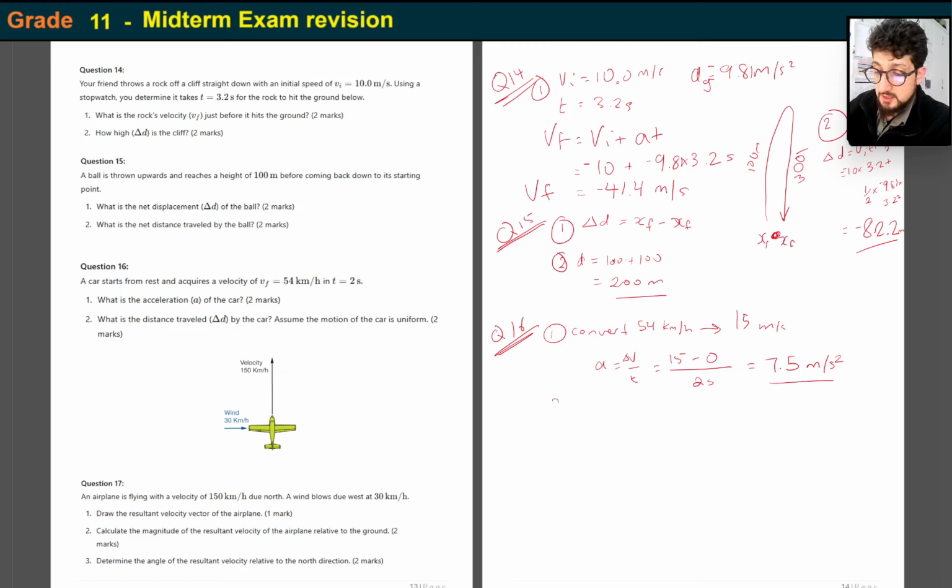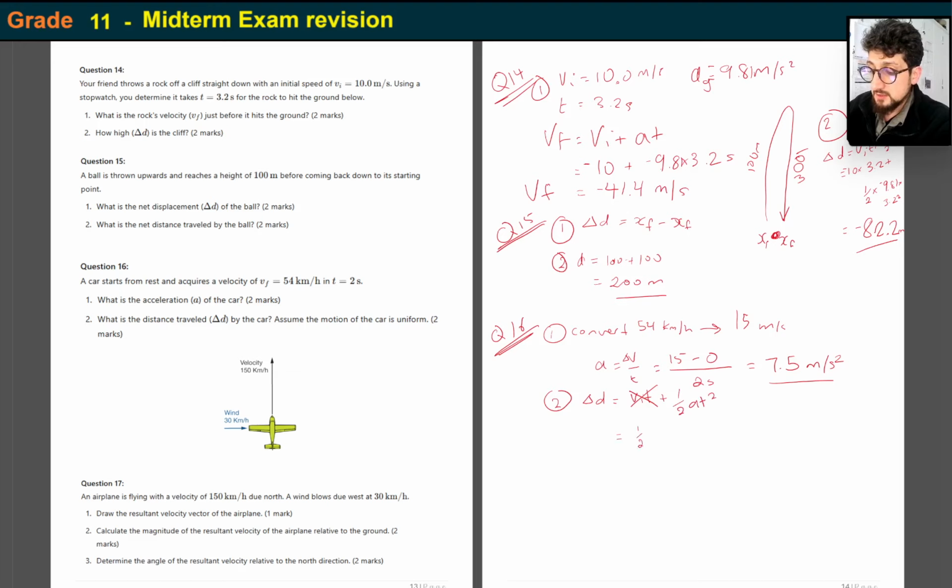Okay, and question 2 is asking what is the distance traveled by the car? Assume the motion is uniform. So I assume it means in those 2 seconds. So delta d is going to equal vi t, which we don't need because vi is equal to 0, plus half a t squared.